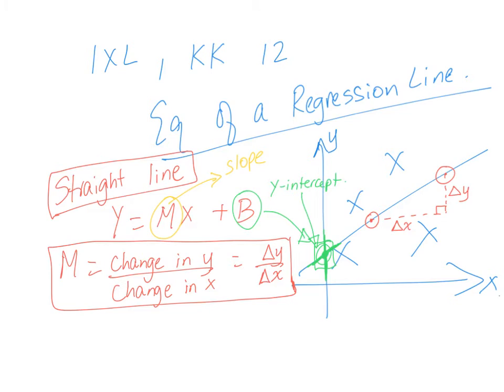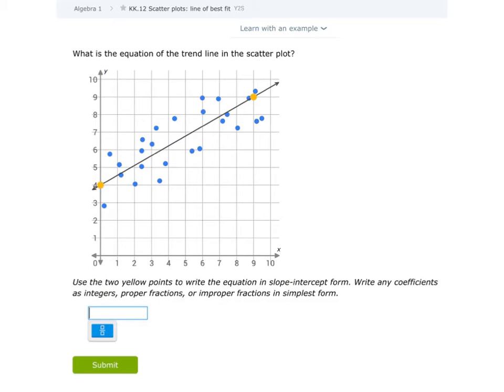So let's try an example. Here we have a question with a scatter plot, and they ask what is the equation of the trend line. This black line over here is the trend line. Use the 2 yellow points to write the equation in slope-intercept form.